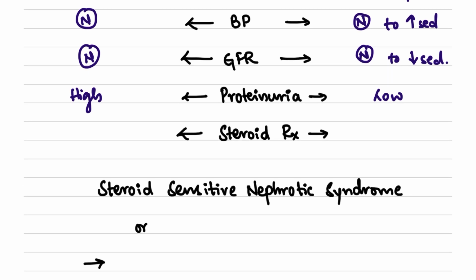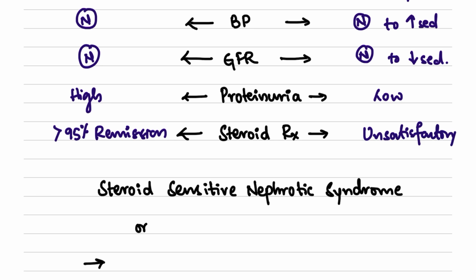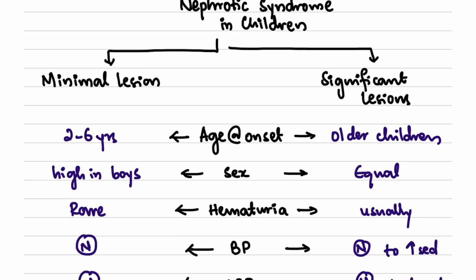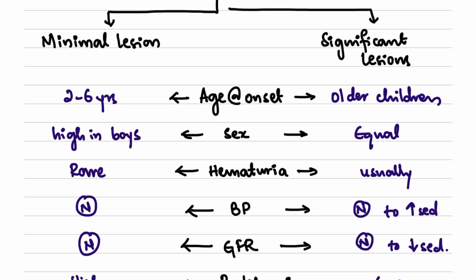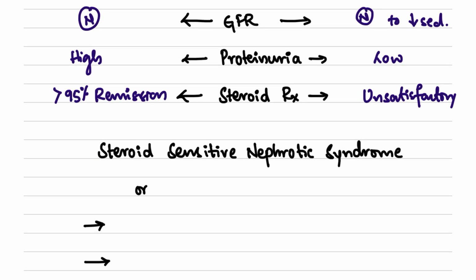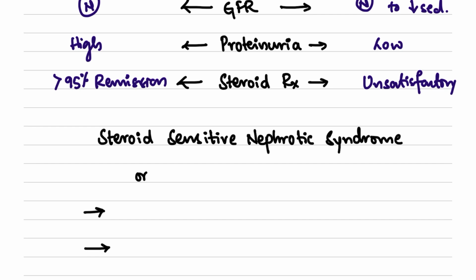Following treatment with steroid therapy, more than 95% of cases will undergo remission, whereas the steroid treatment is unsatisfactory when it comes to significant lesions. So these are the categories into which we can divide nephrotic syndrome in pediatrics. It can be due to minimal lesion or significant lesions, and this is how we can differentiate both of them.